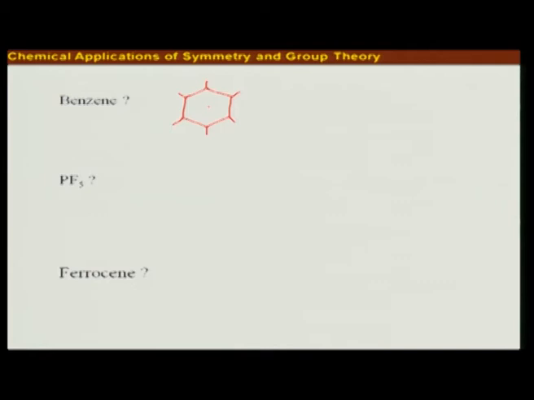Now if I imagine an axis which is passing through this point and perpendicular to the plane of the molecule, then that is my C6 axis, right? And I do not have any other C6 axis. Fine. So C6 is my principal axis of symmetry.